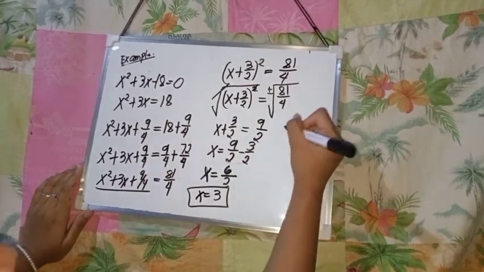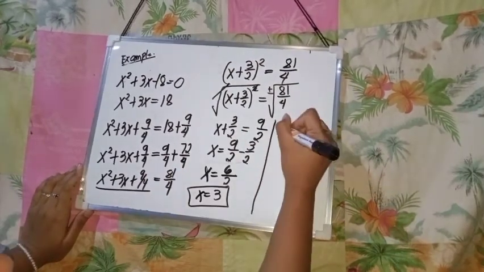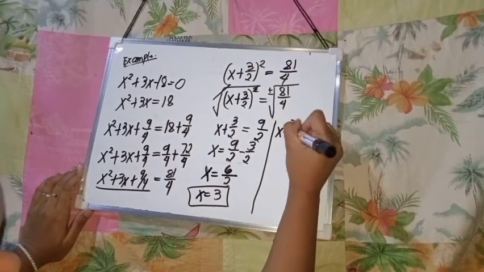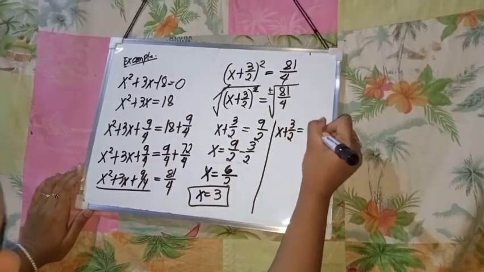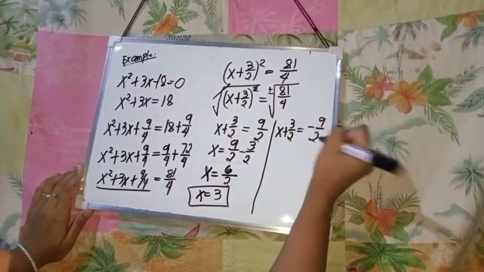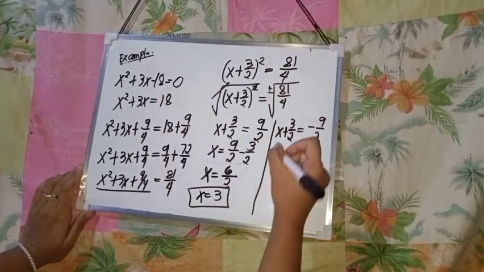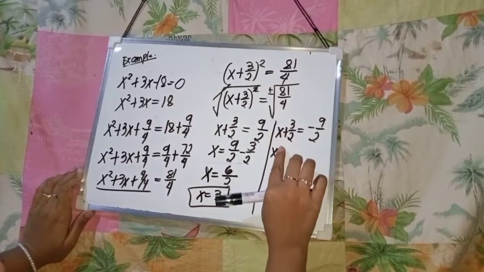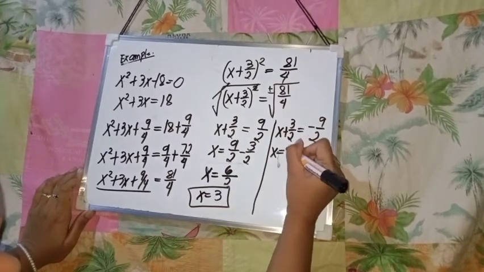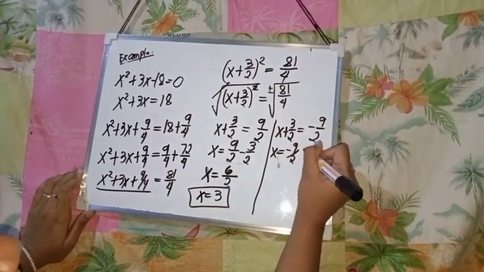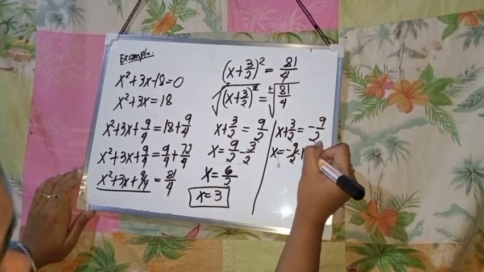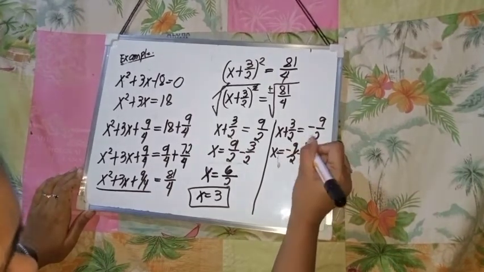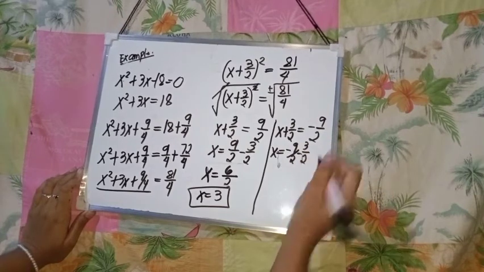Next, we'll use x plus 3 over 2 is equal to negative 9 over 2. With the additive inverse, x will be equal to negative 9 over 2 minus 3 over 2.